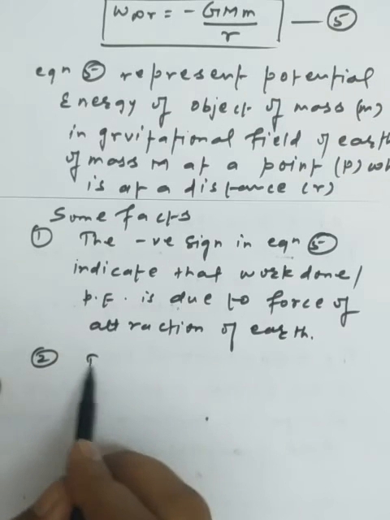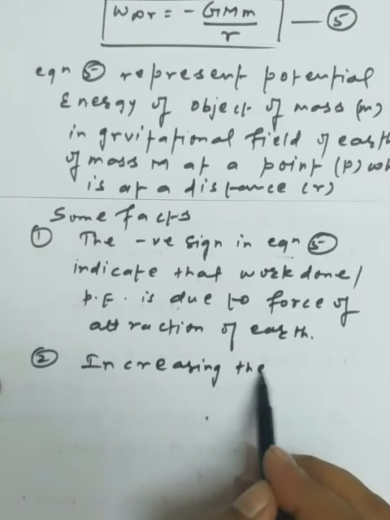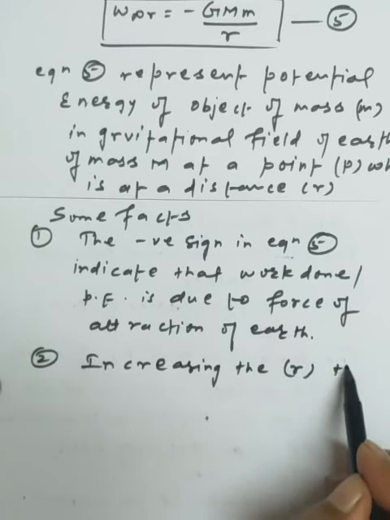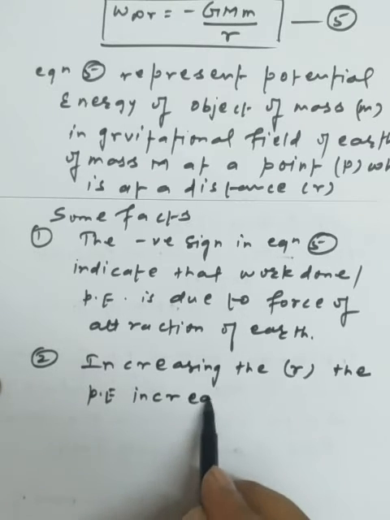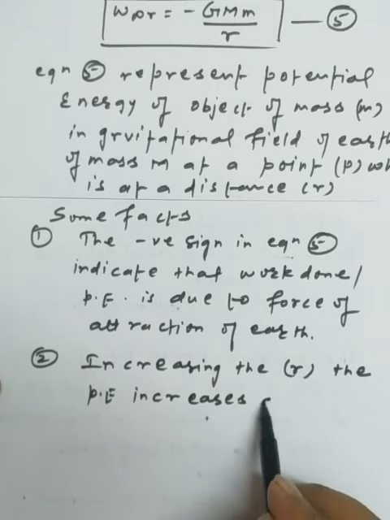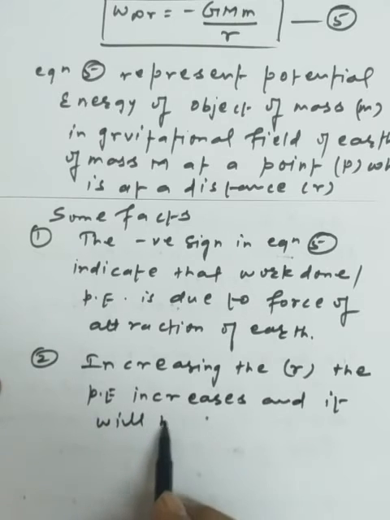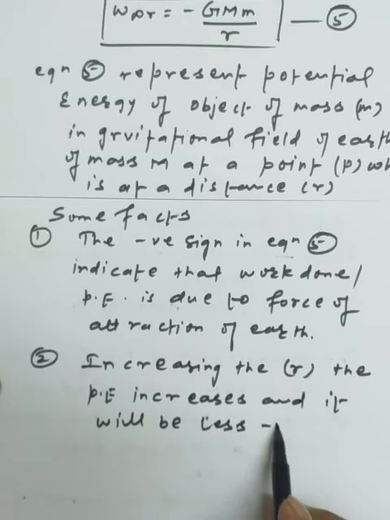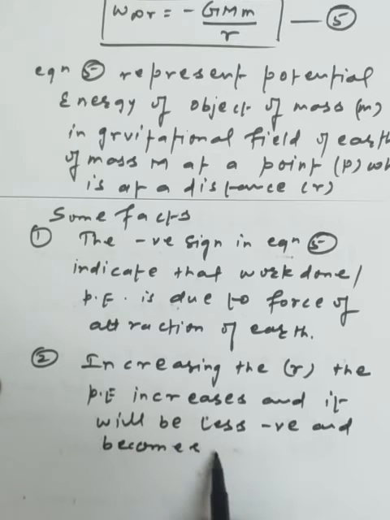As we are increasing the value of r, the potential energy increases and becomes less negative, and at r equal to infinity it becomes zero.